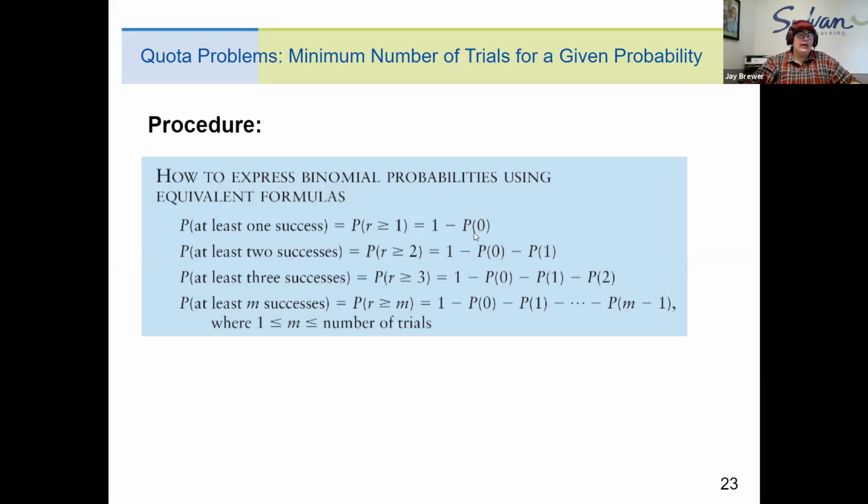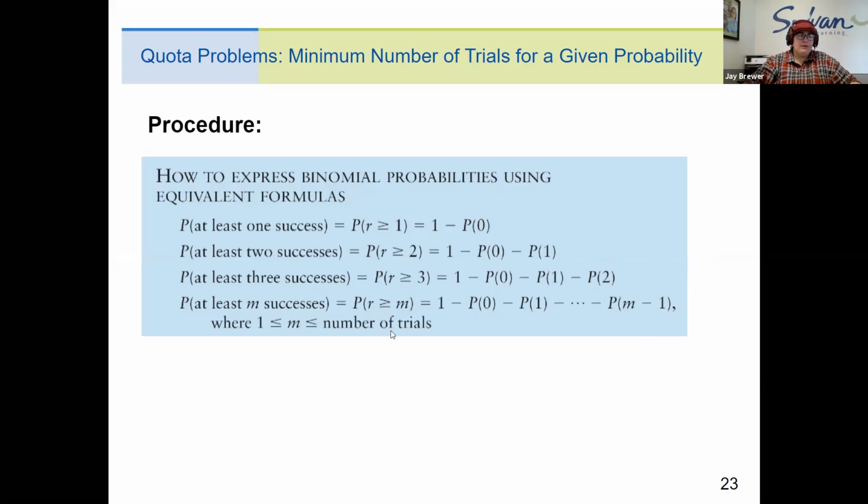So what you're not going to have is the probability of 0. If you take 1 minus the probability of 0, that will give you the probability of 1 or more. Same thing with the probability of at least 2, 3, and so on.